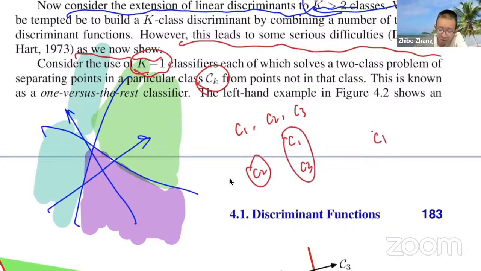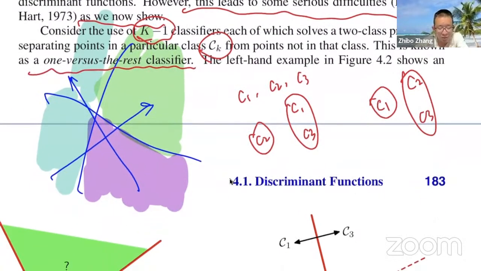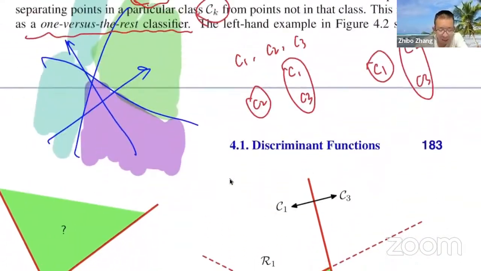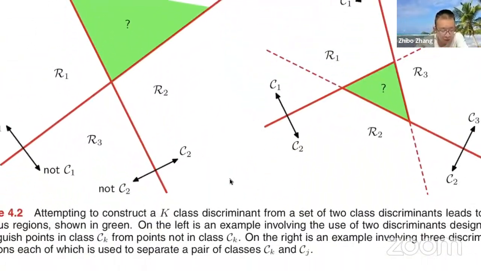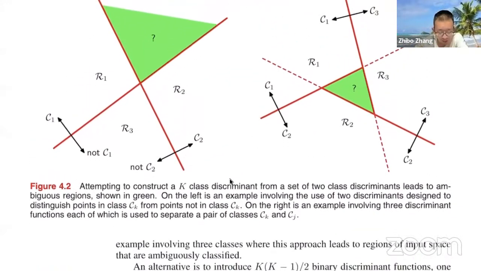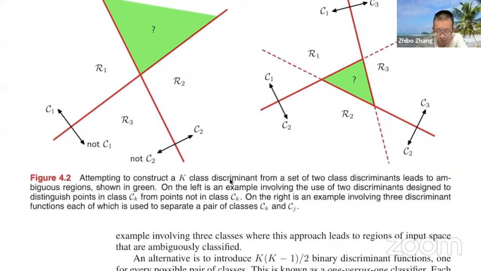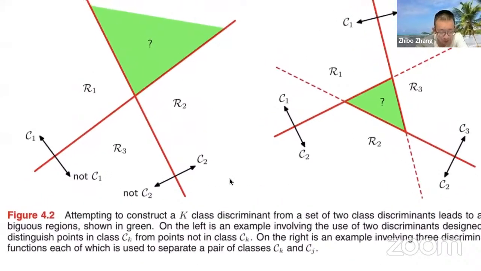Another one could separate C1 from C2 and C3. This is known as the one-versus-the-rest classifier. The left-hand side example in figure 4.2 shows three classes where this approach leads to regions of input space that are ambiguously classified.